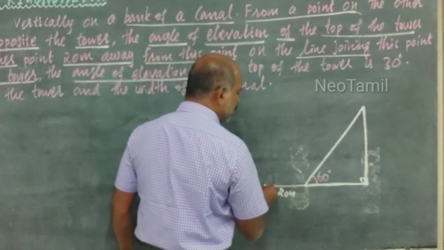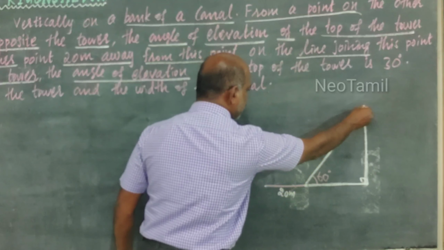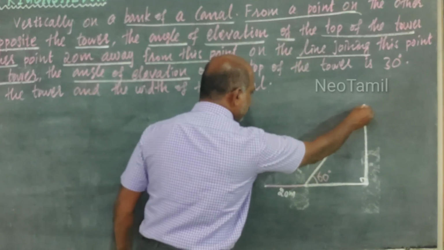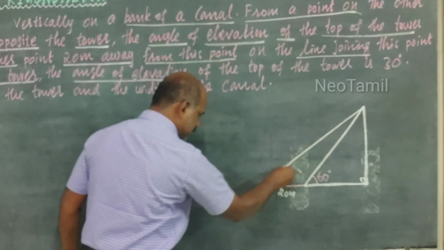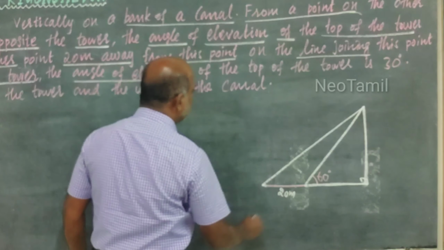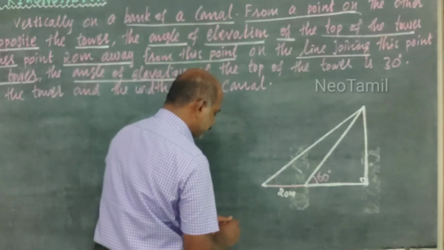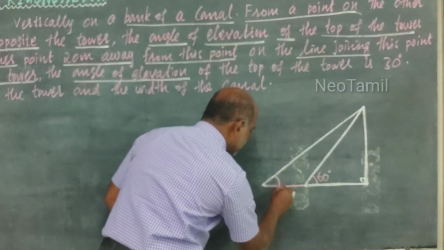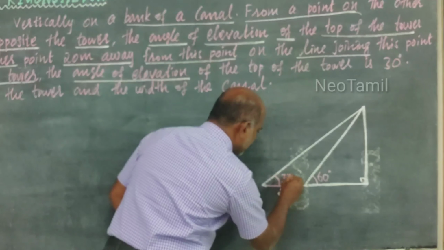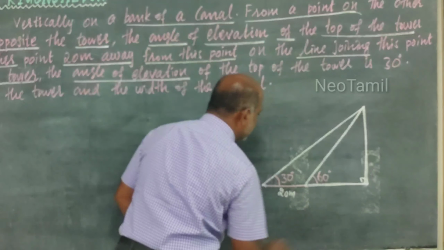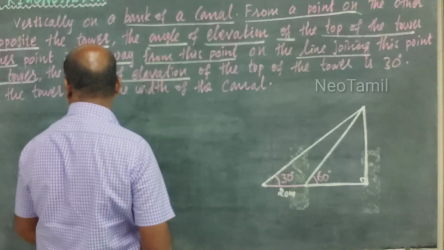The angle of elevation of the top of the tower. This is the top of the tower. From this point, I want to take the angle of elevation. Angle of elevation of the top of the tower is 30 degree. This is 60 degree. This is 30 degree.